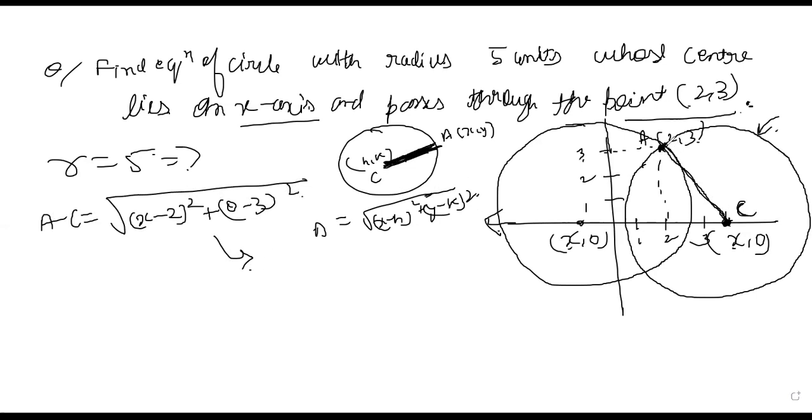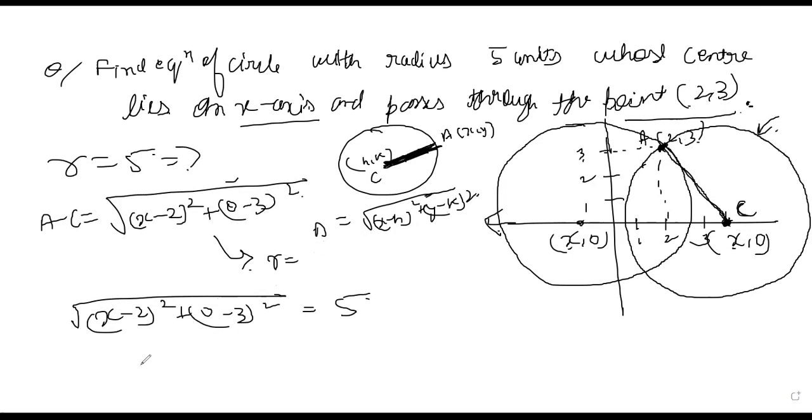The distance between the point on a circle and the center is the radius, which we already know is 5. So (x minus 2) whole square plus (0 minus 3) whole square, under root, is equal to the radius, 5.